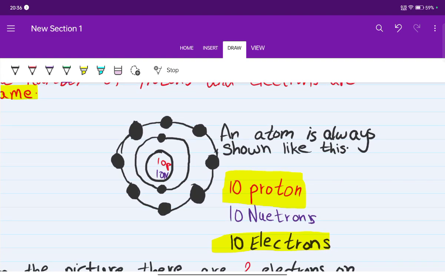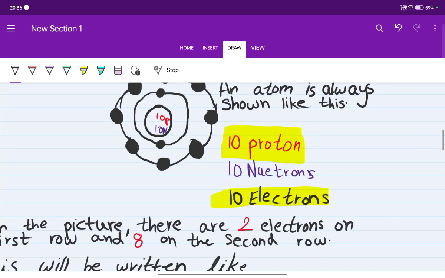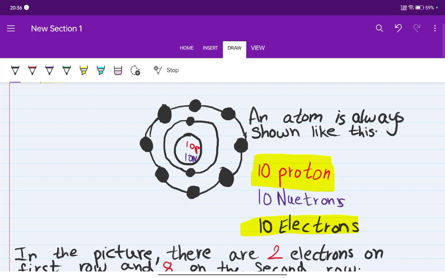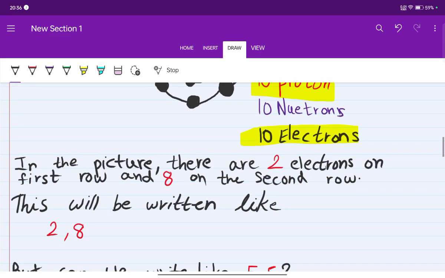An atom is always shown like this: there is a circle in the middle, with two electrons on the first row and 8 on the second, and there are even more, which we will see later. There are not always 10 protons, but the number of protons and electrons are always the same.